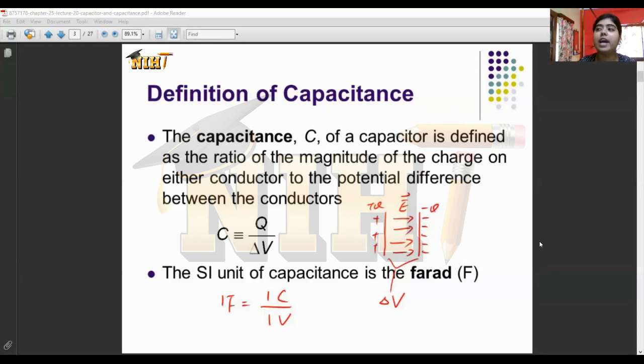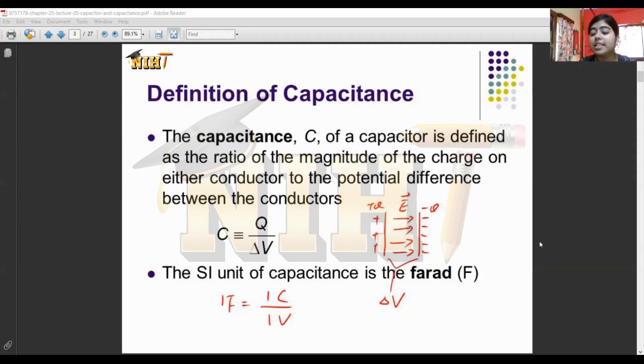So we know that in order to increase the capacitance of a conductor, we have to place another conductor having opposite charge in its vicinity. Then its capacity increases because the potential decreases, right?